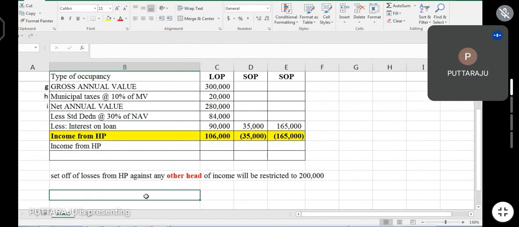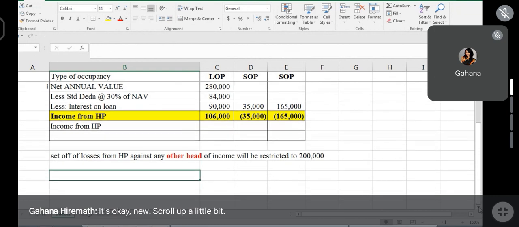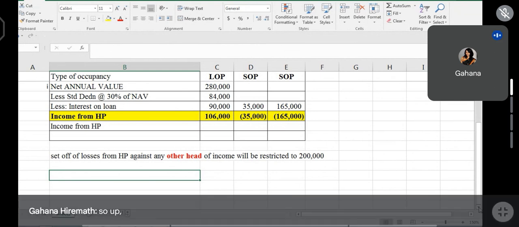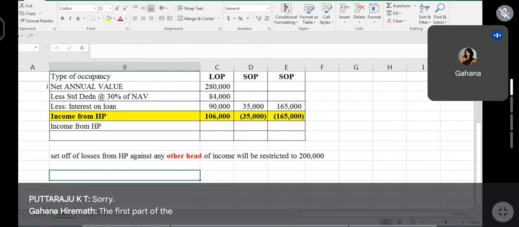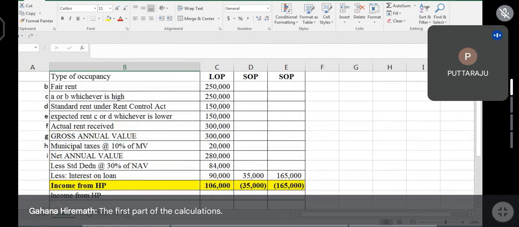Are you guys getting? So can you scroll up a little bit? So I want to see the first part of the calculation. Sorry? The first part of the calculation. This one? Yes, sir.